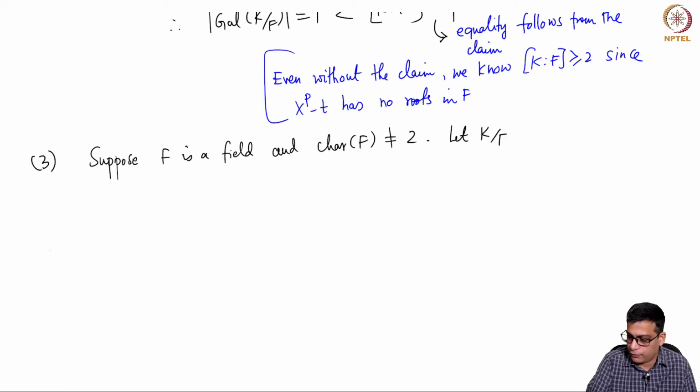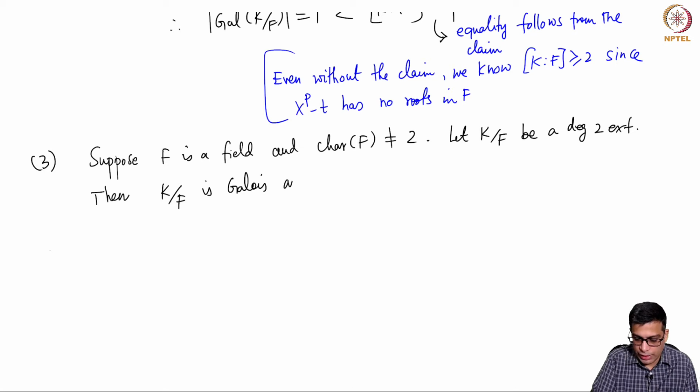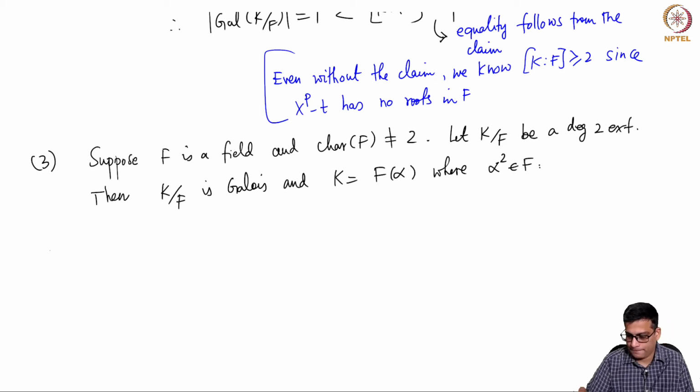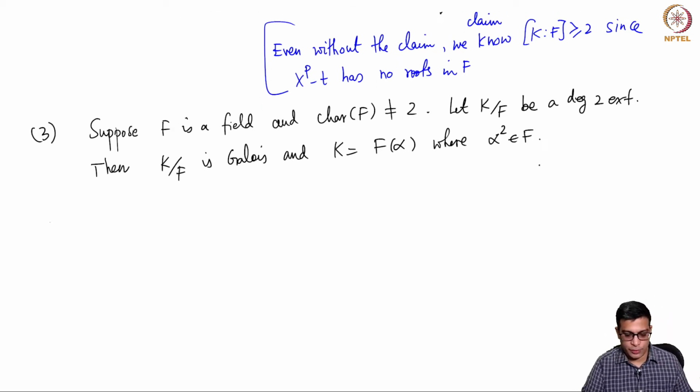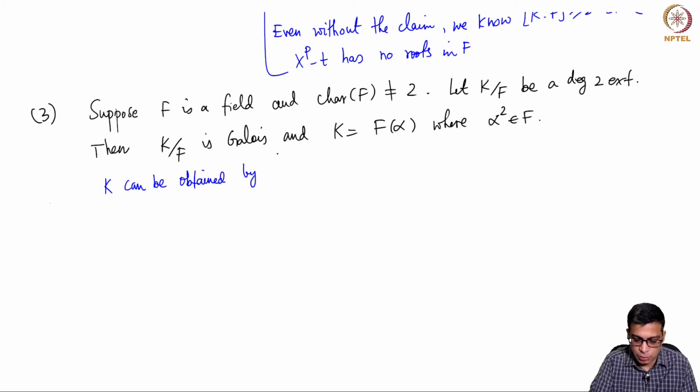Let K over F be a degree 2 extension. Then K over F is Galois, and K is in fact equal to F(alpha), where alpha squared is in F. So in words, basically what we say is that K can be obtained by adding a square root.